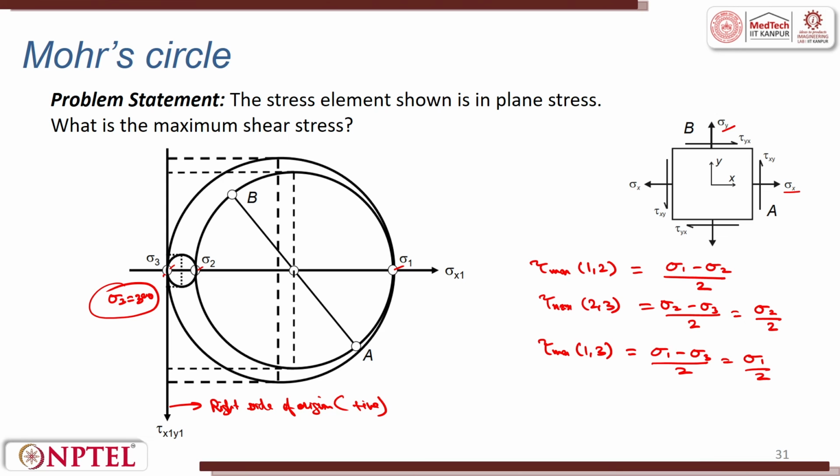The maximum tau value is sigma 1 by 2. So, I would put here as overall maximum tau, that is tau max, equal to sigma 1 by 2, the largest value.